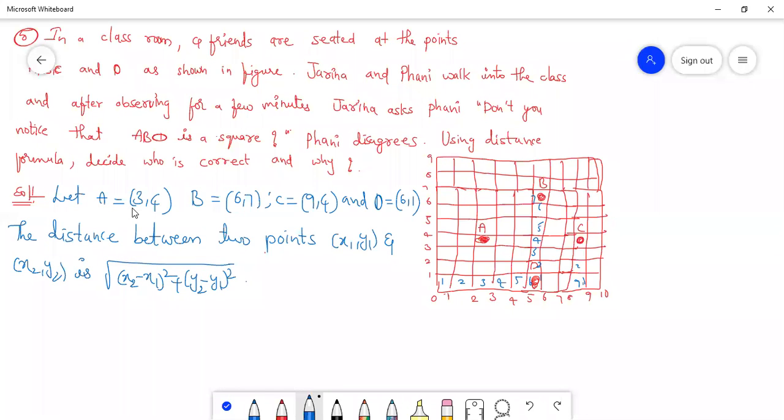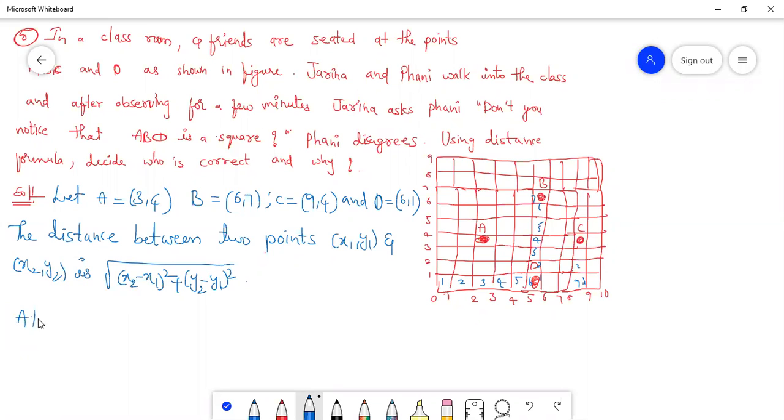Now we can find out from these points the distances of AB, BC, CD and DA. And next we can take the diagonals also, AC distance and BD distance. If all the sides are equal and also diagonals are equal, then it forms a square. If any side is not equal to the other one, then it does not form a square.